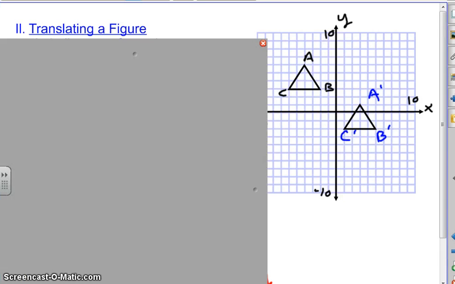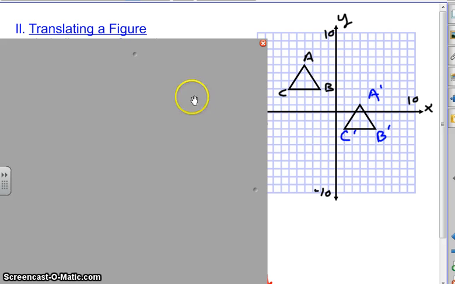Okay, we simply have 2 pages left of these notes, but there's a lot going on. The first one, we're going to say, if you receive a picture like this, a graph, and you see that some polygon has been moved, translated, can you explain how that polygon was translated? How did that triangle go from this location here to the new location there?